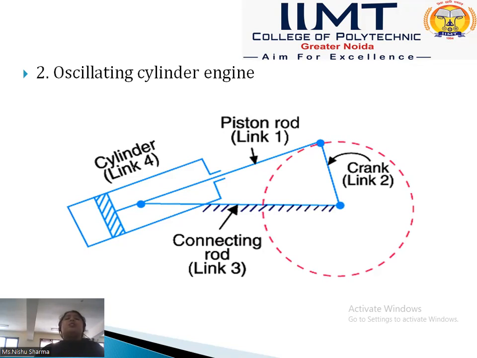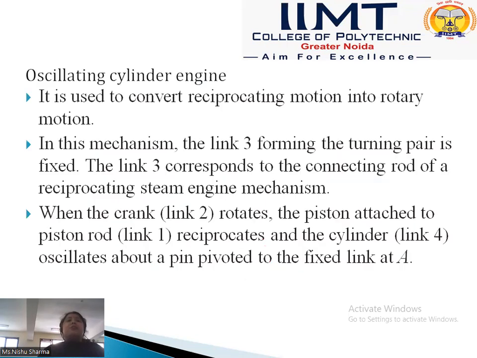The motion starts with the crank about the fixed center. When the crank is rotated about the fixed center, the piston rod reciprocates in the cylinder, and the cylinder oscillates about the pivoted point. This mechanism is used to convert reciprocating motion into rotary motion.